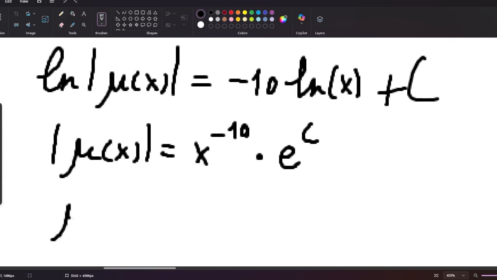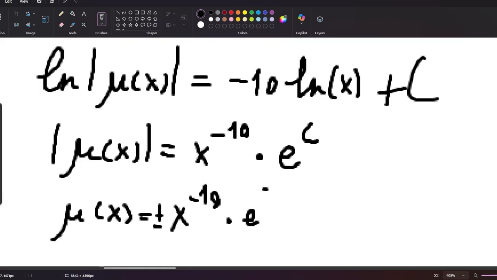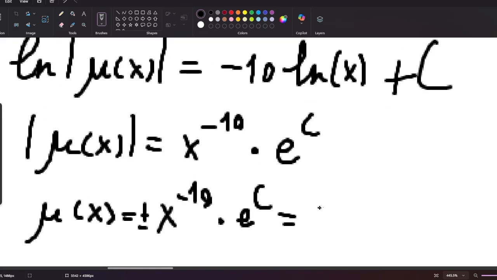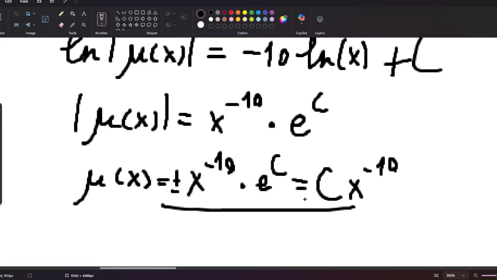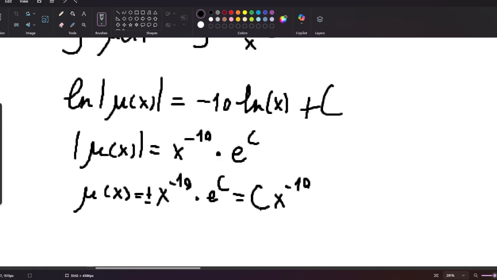Now, because of the absolute value here, mu(x) equals plus minus x to the power of negative 10 times e to the power of c, which equals c times x to the power of negative 10. Now, this only implies that c is not equal to 0. But what about c equals 0?